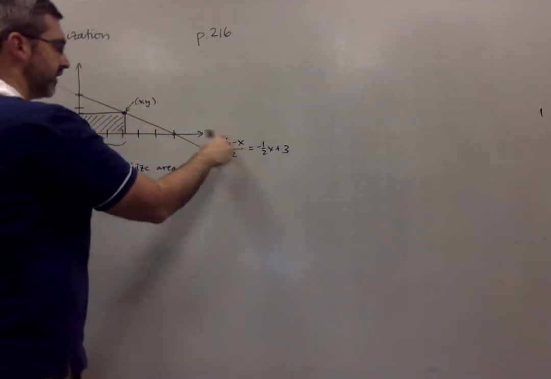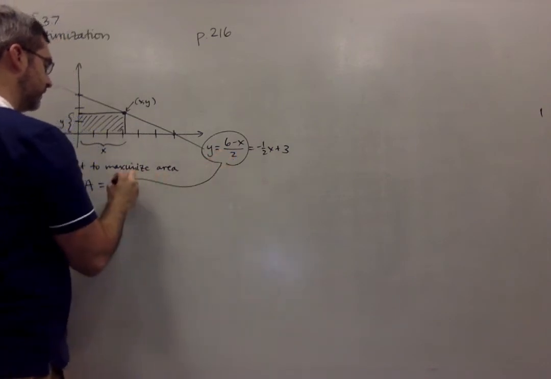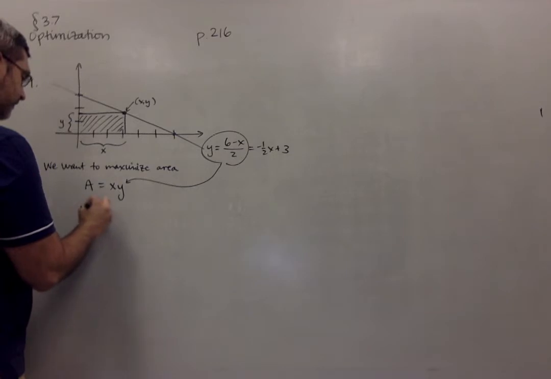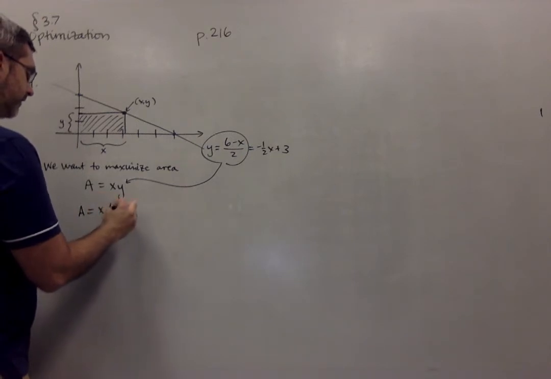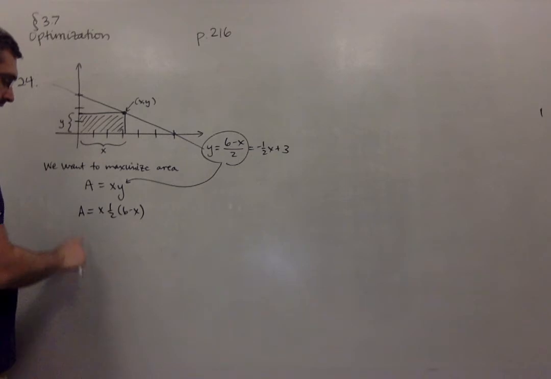That point is on this line. So y is 6 minus x over 2. So I'm just going to sub that in. y is 6 minus x divided by 2, so it's 1/2 times 6 minus x. Okay? So now I have an area with 1 variable.